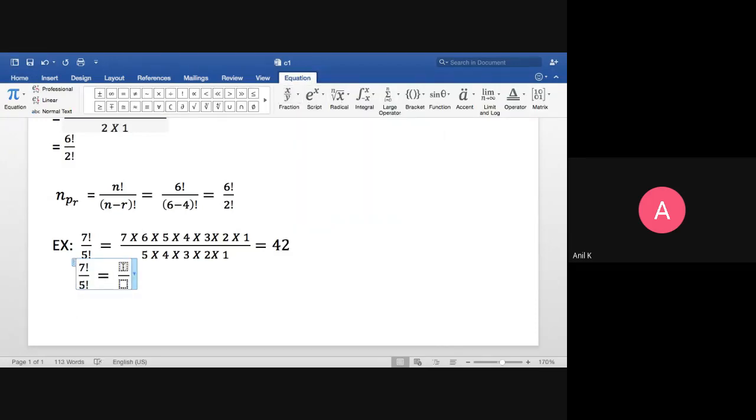What I can do here is 7 multiply with 6 multiply with 5 factorial. I can write it that way also. 7 factorial is 7 into 6 into 5 factorial, and the denominator is 5 factorial. So both the 5 factorials will get cancelled in the numerator and denominator, and 7 into 6 is 42.